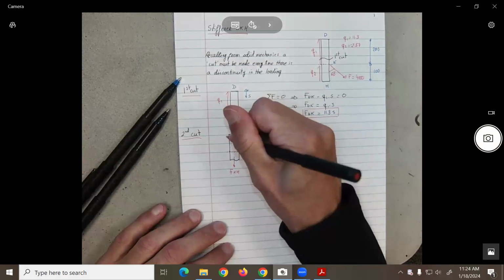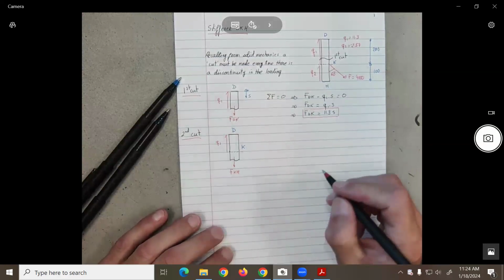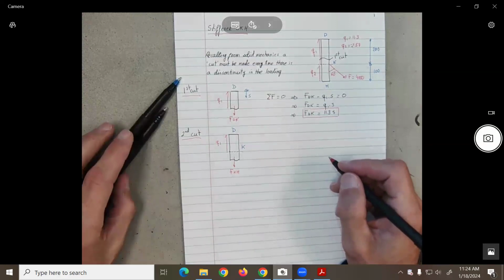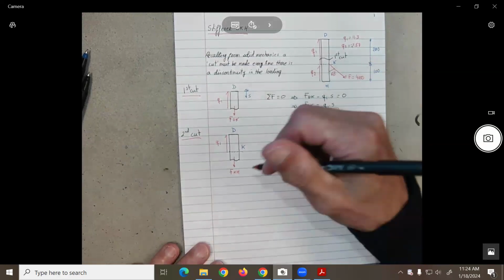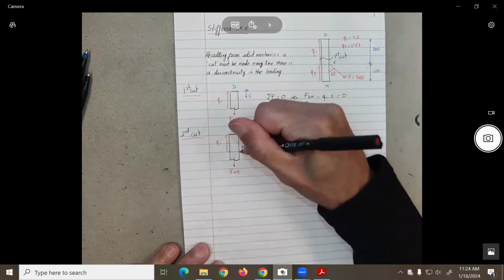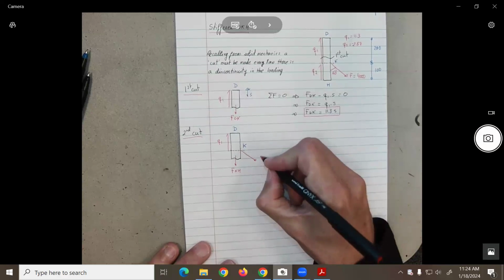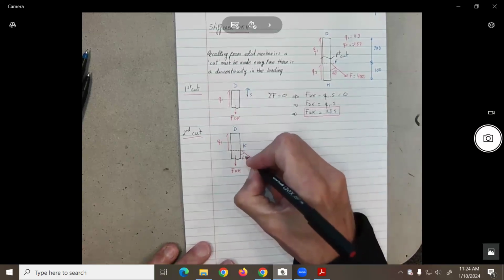So we're going to have the Q1 over here. And now is when we need to be careful. What else do I need to put over here? I need to put the force of 4,000, and we know this is 60.